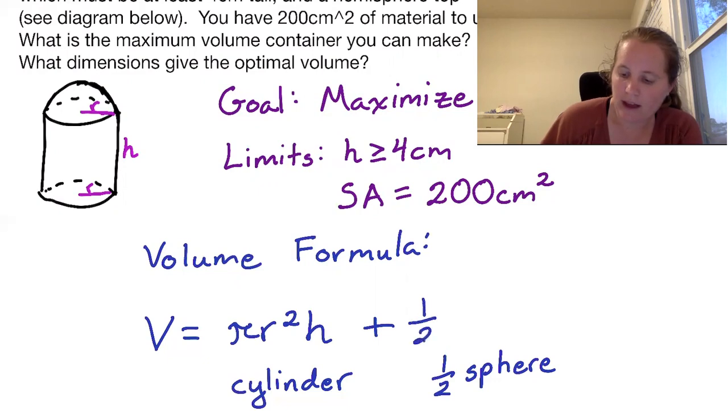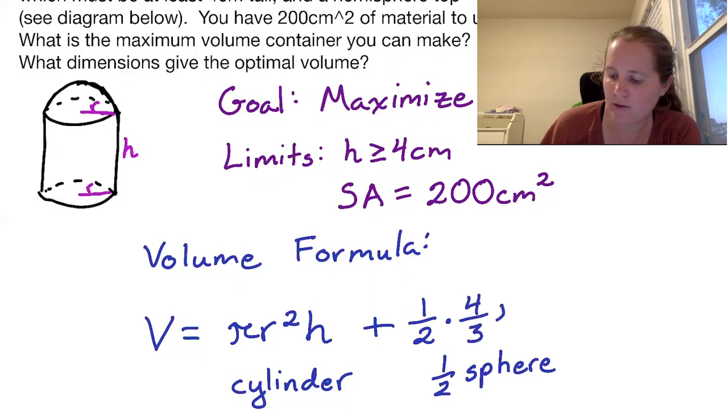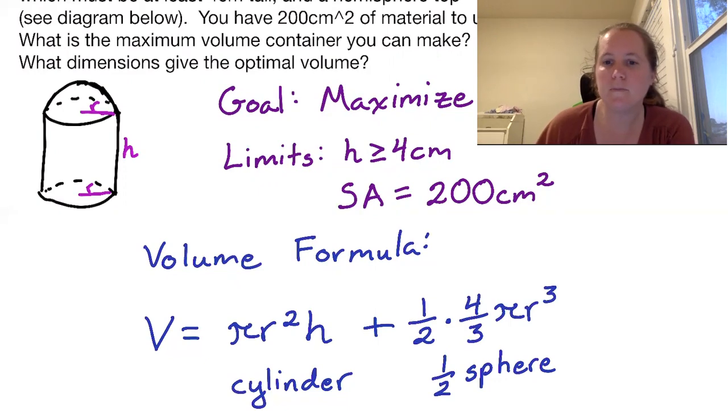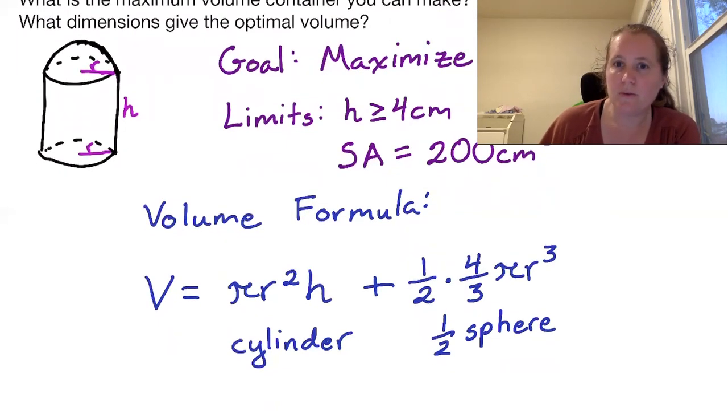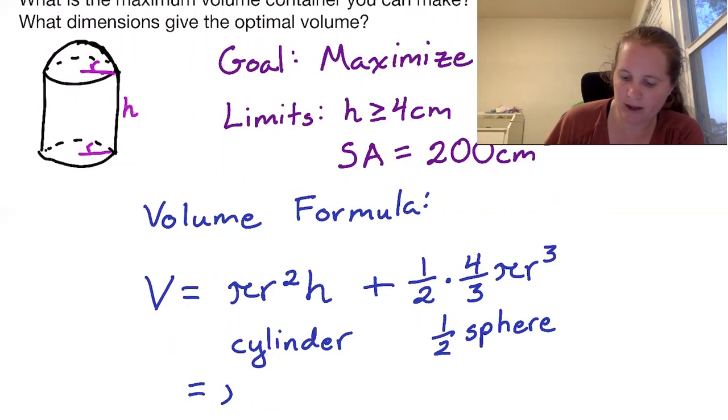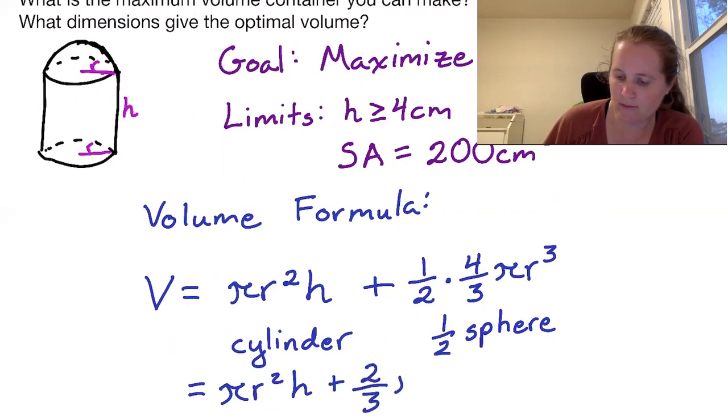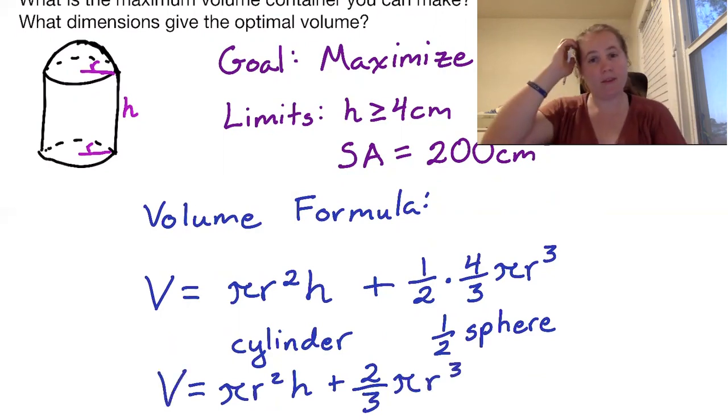So we have half times the volume of a sphere, 4/3 pi r cubed. So the volume is equal to pi r squared h plus 2/3 pi r cubed. So this is our volume formula.